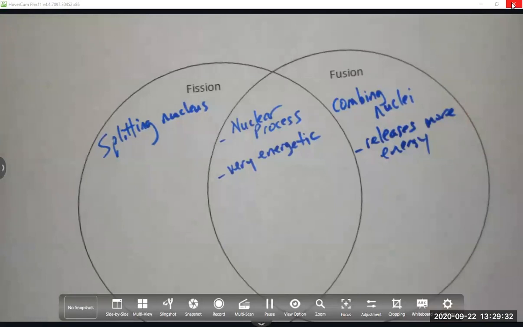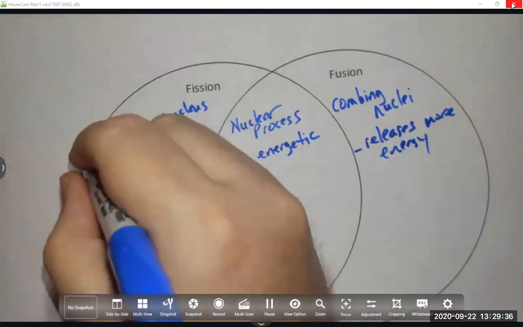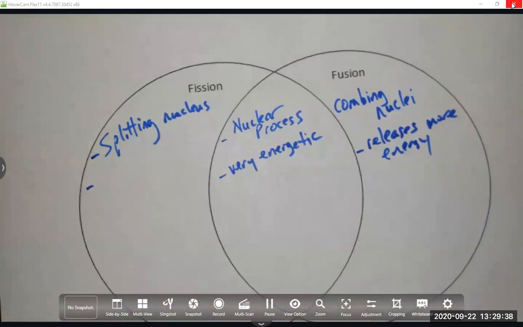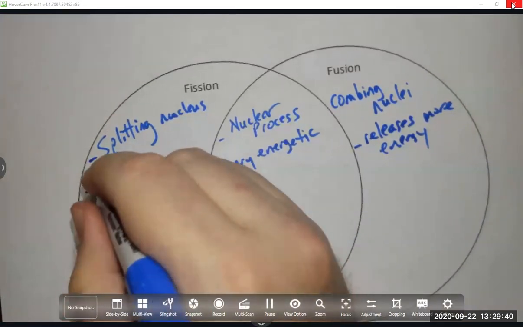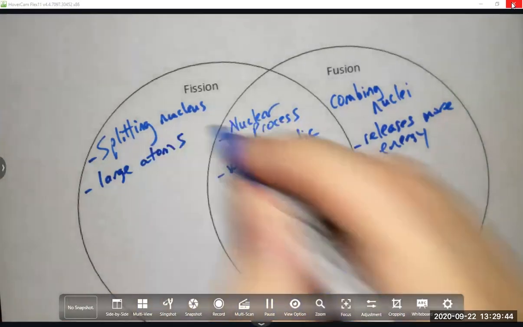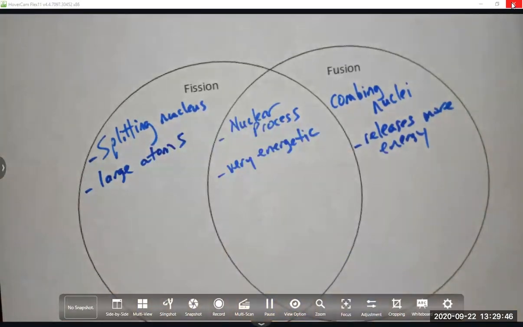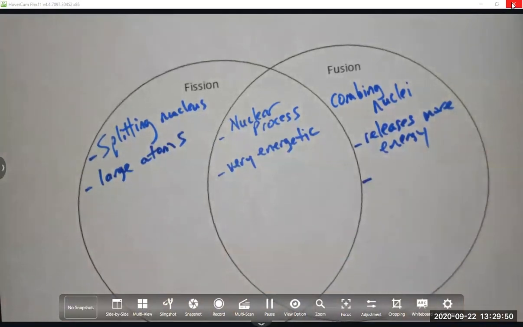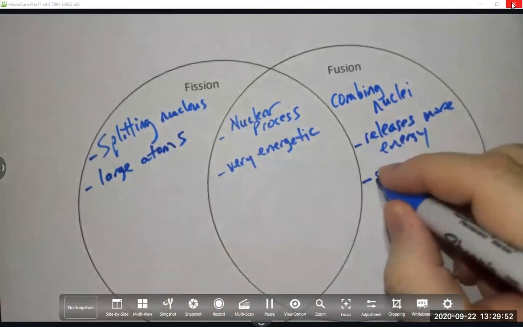Now, what elements do this? Well, for fission reactions, if you're going to split them in half, or roughly half, you need to have large atoms. So at the bottom of the periodic table. Whereas fusion is going to be restricted to the smallest atoms.